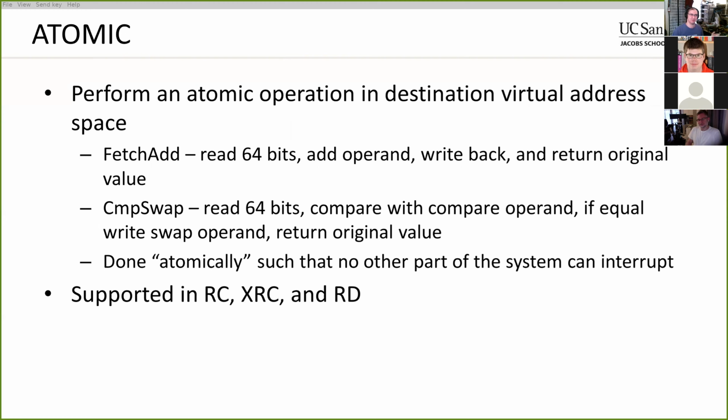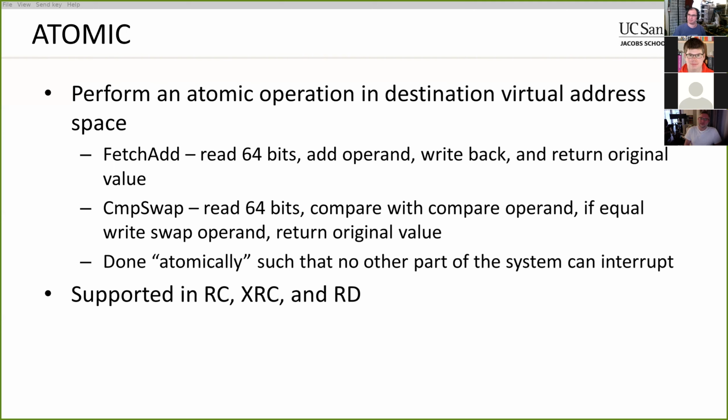It performs a read and then does something and then writes a result back. So for fetch and add, it reads a piece of data, it then adds something to it and writes it back, but it does it in such a way that no other part of the system can affect that memory location until after that write takes place. And that includes that nothing else is allowed to read that memory location until the write takes place.